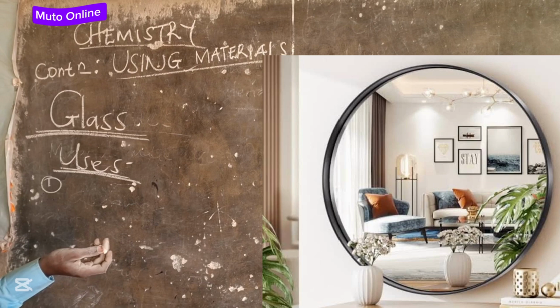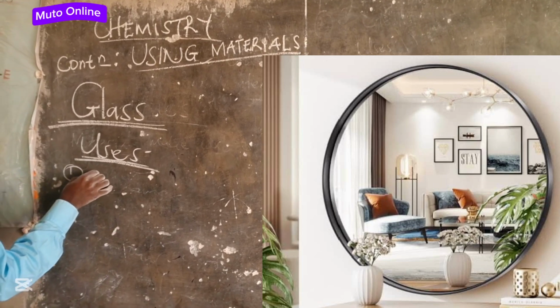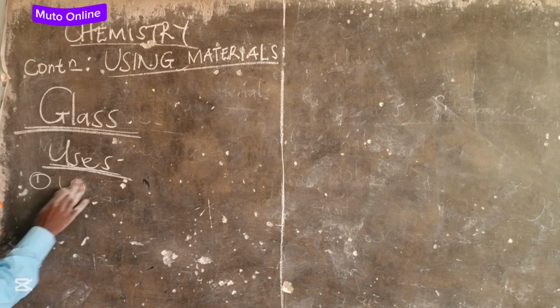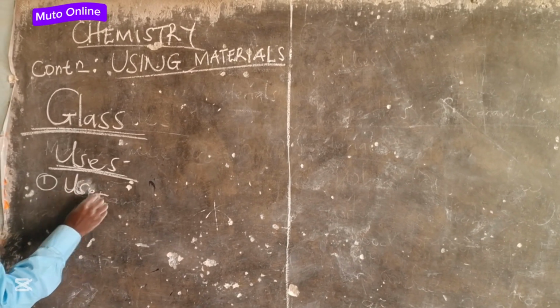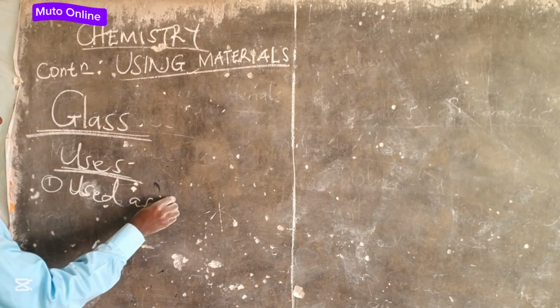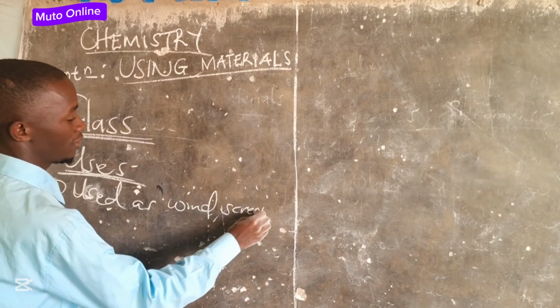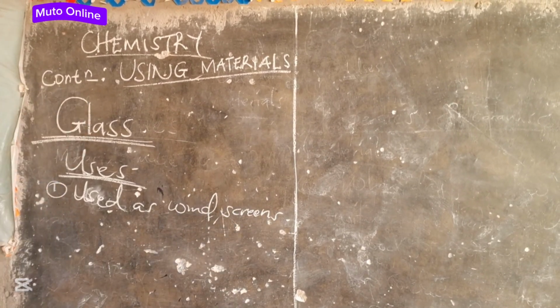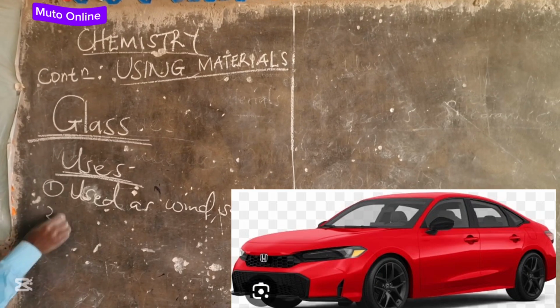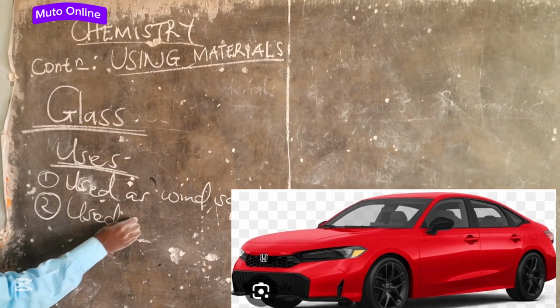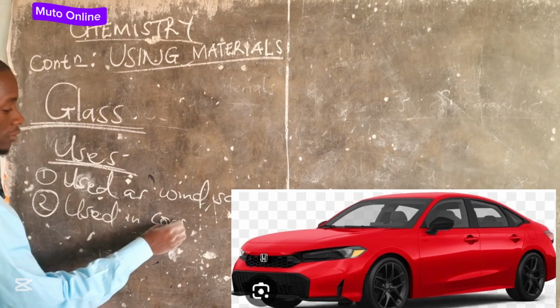We very well know the glass used on cars, they are used as windscreens. We know them. They are used in construction.